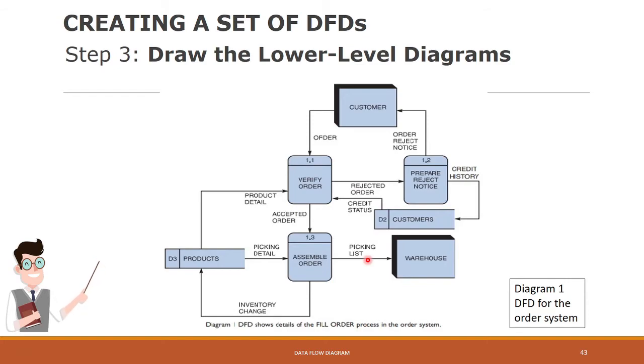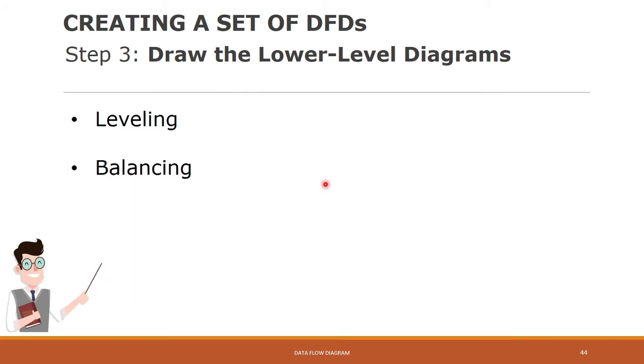Then the last step is to draw the lower level diagrams. This is the set of lower level diagrams, based on the order system. To create a lower level diagram, you must use leveling and balancing techniques.